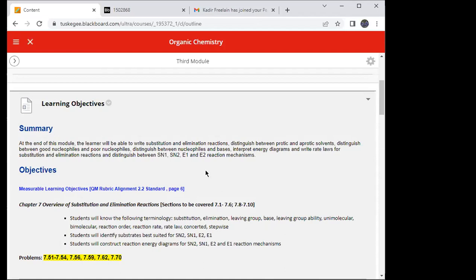All right. So the whole idea, again, this section is dealing with substitution and elimination.